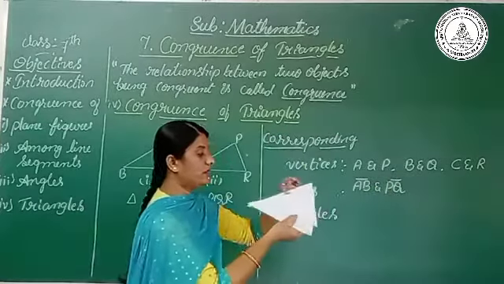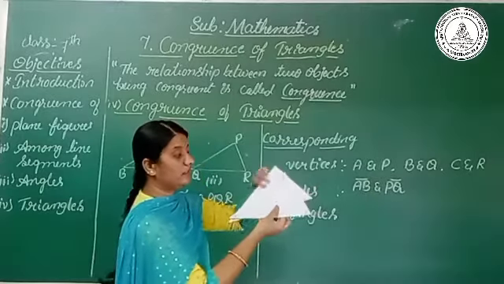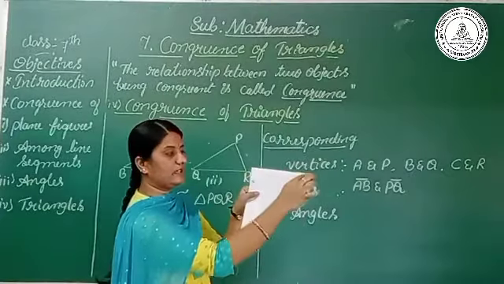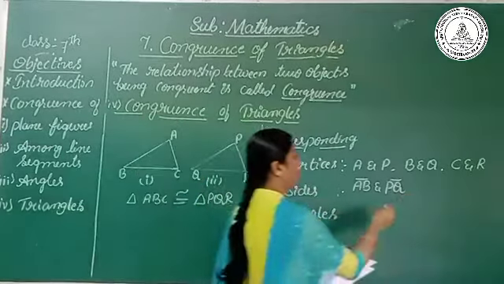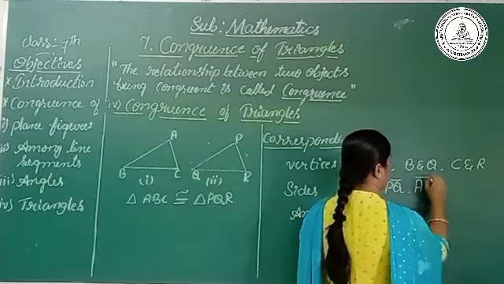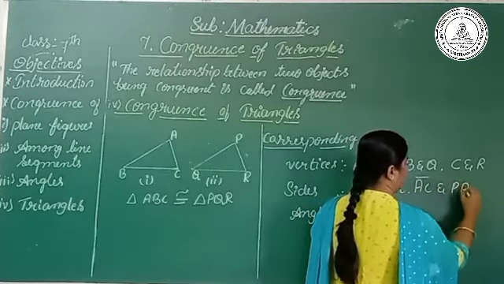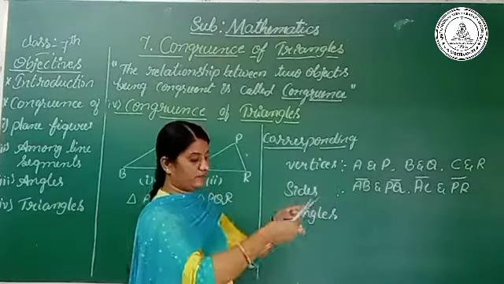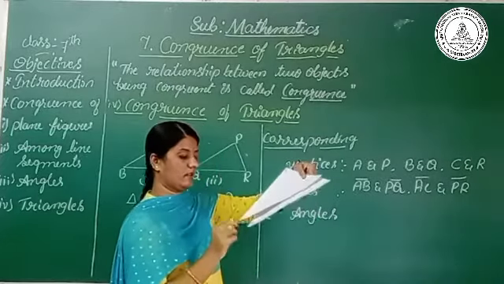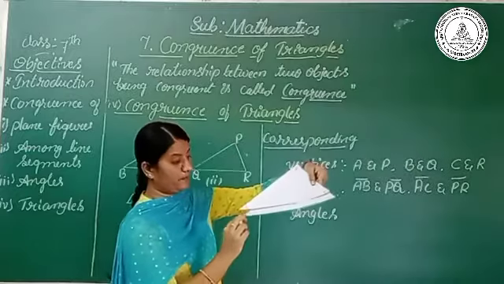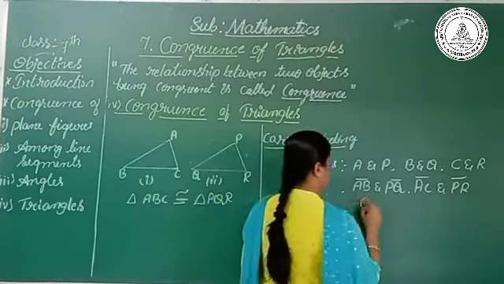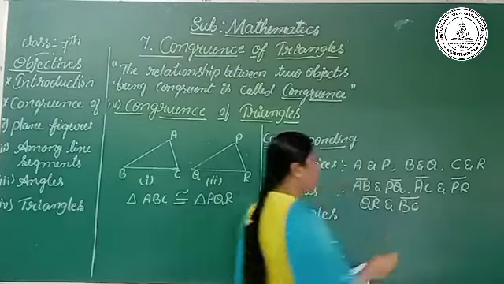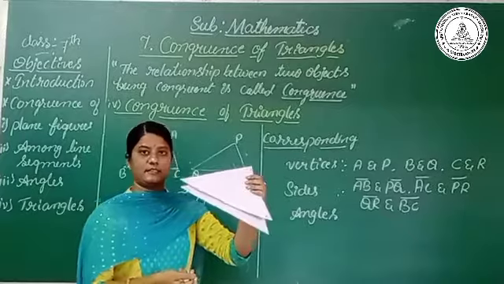The next corresponding sides are AC and PR. The third pair is QR and BC. QR and BC are the corresponding sides, right?